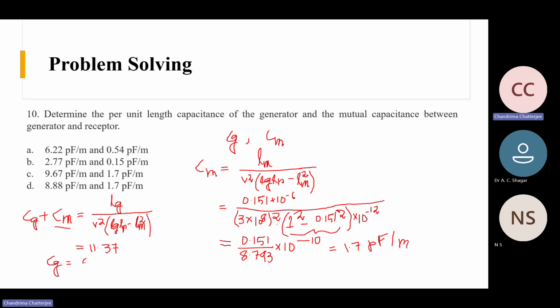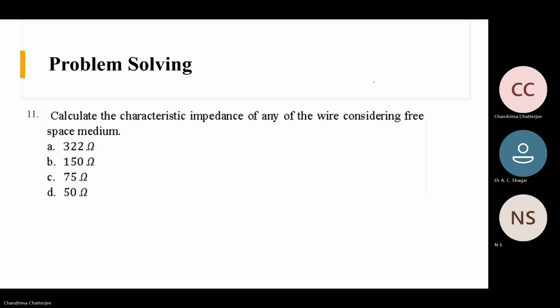This is 9.67 picofarad per meter. Okay, so option C is correct. Let's see the next question.